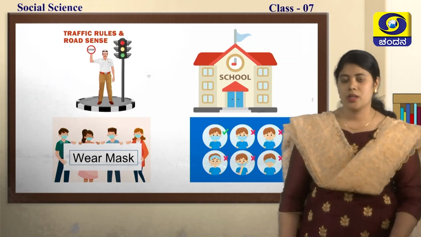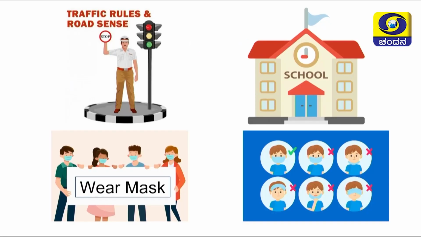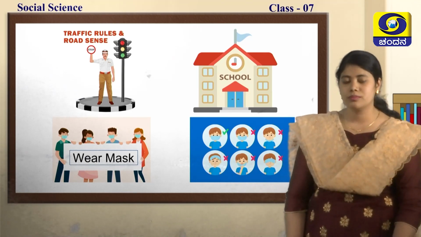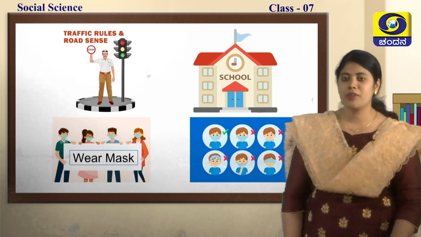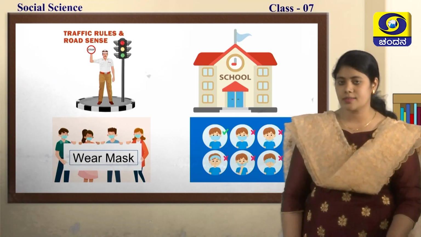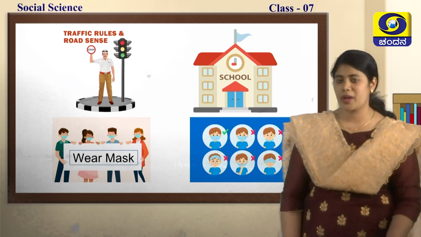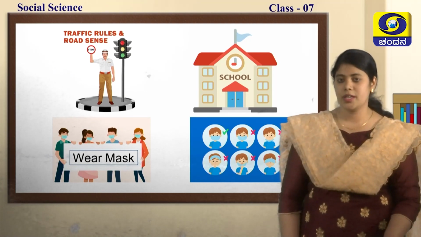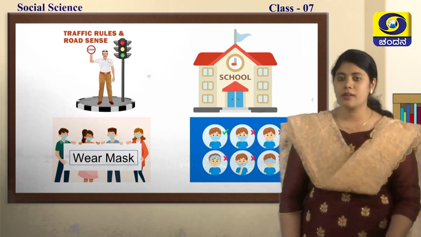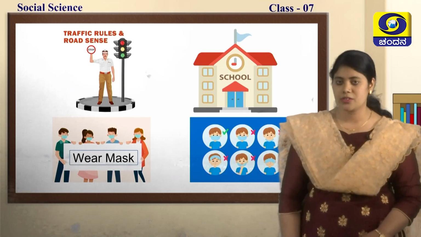Yes. Okay. Now, take the first image, that is of the traffic police. So, what are the rules that we have to follow when we are moving on a road? What are the rules related to roadways? Yes, students, one by one. If we are moving on a two-wheeler, we have to wear a helmet, right?